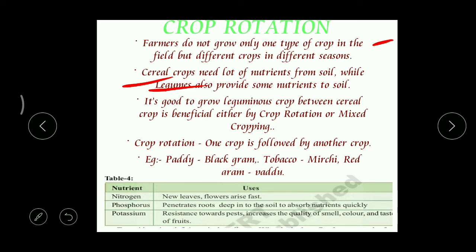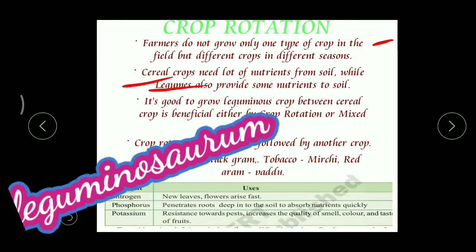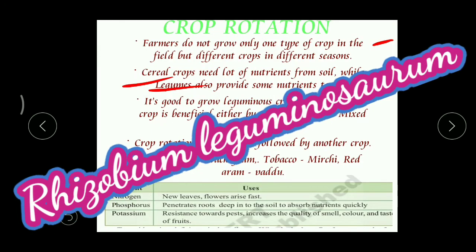If you carefully observe the root system of groundnut or beans and peas, what can you find? You can find round ball-like structures over the roots. What do you call them? We call them root nodules. And inside the root nodules, we can find a bacteria. What is that? Rhizobium, or Rhizobium leguminosarum.